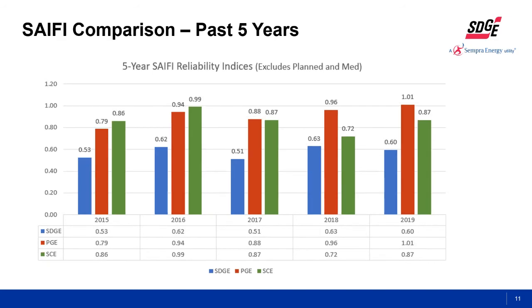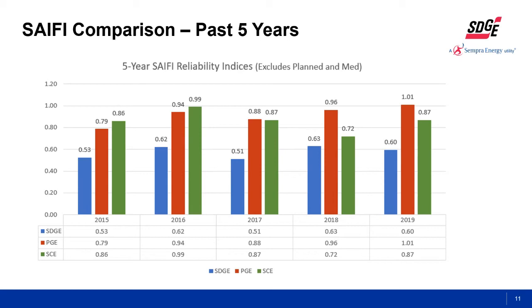This is a comparison of SAIDI. The next slide is a comparison of SAIFI. You remember this is the frequency index, system average interruption frequency index, again for the last 5 years, and the same color scheme here with the 3 IOU utilities in the state. And the good news here for us is that we're in first position each of the 5 years.